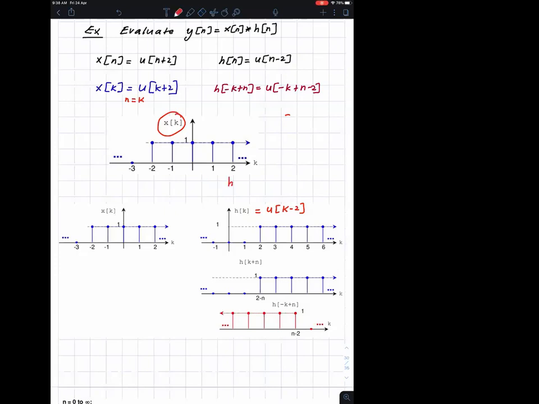If h of k is u[k], if you're just sketching u[k], it's going to be just a signal that's starting at 0 and going towards positive infinity. Now, when you have u[k minus 2], you're just going to shift the signal to the right by 2.